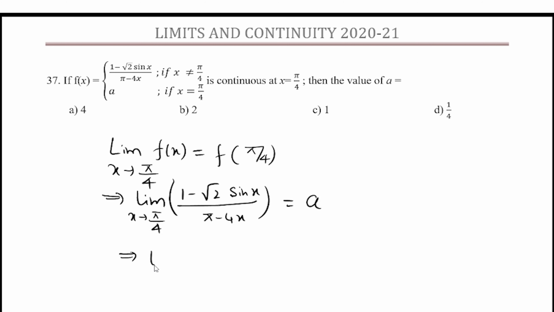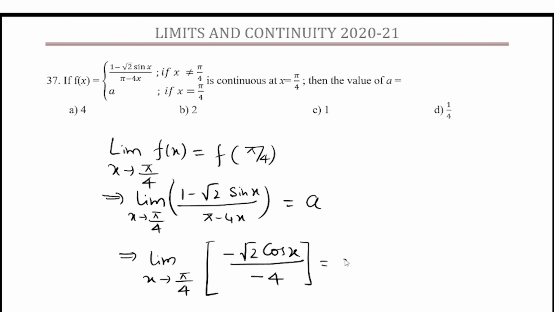Now simplify. Differentiate numerator and denominator separately using L'Hospital rule. Derivative of the constant 1 is 0, minus root 2 times the derivative of sin x, which is cos x, divided by the derivative of pi, a constant, 0, minus the derivative of 4x, which is minus 4, is equal to a.